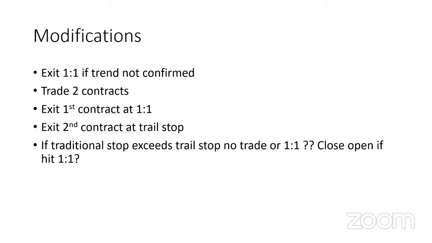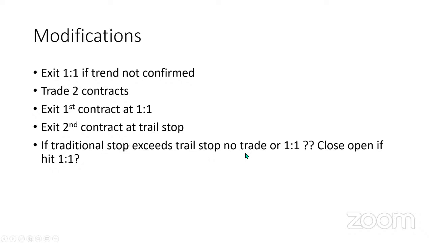We said, okay, if we traded 2 contracts and exited at 1-to-1 with the 2 contracts until we saw price moving in the direction of the trend and it was truly trending, then once we got that confirmation, we would exit the first contract at 1-to-1 and then trail stop the second contract. And here, if the traditional stop exceeds the trail stop, then no trade.